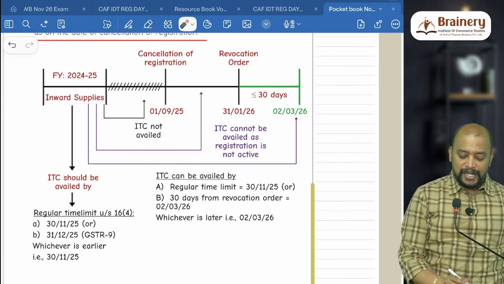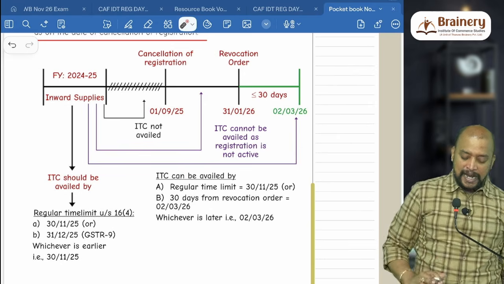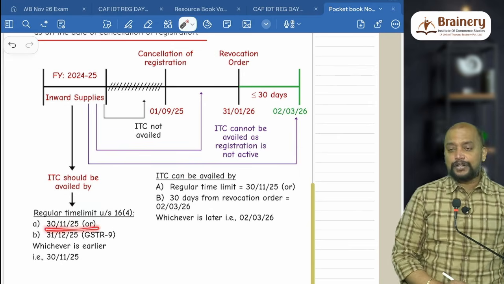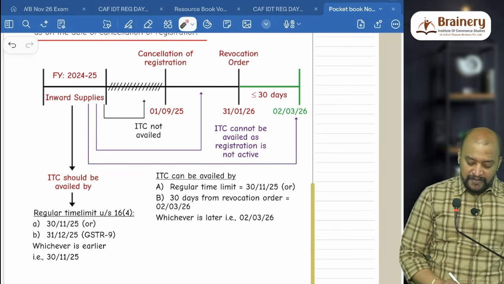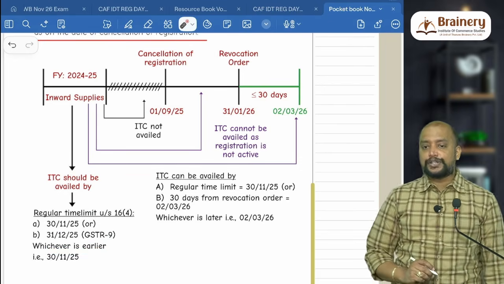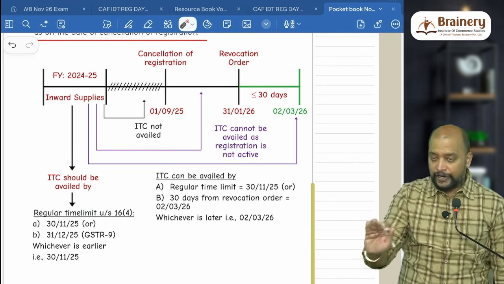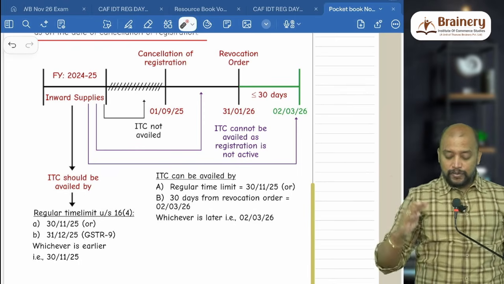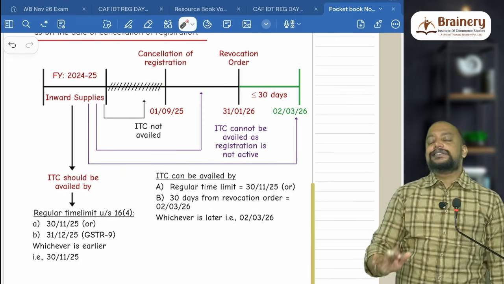For these inward supplies of financial year 24-25, they should have availed ITC by the regular time limit. The regular time limit is say 30/11/2025 or 31/12/2025, whichever is earlier, 30/11/2025. That is the regular time limit. But they have not availed. And later, next year what happened? As on 1/9/2025, the registration is cancelled.